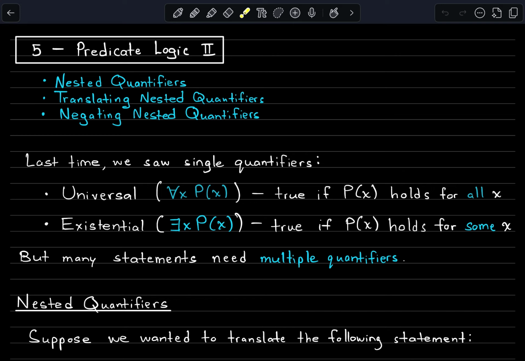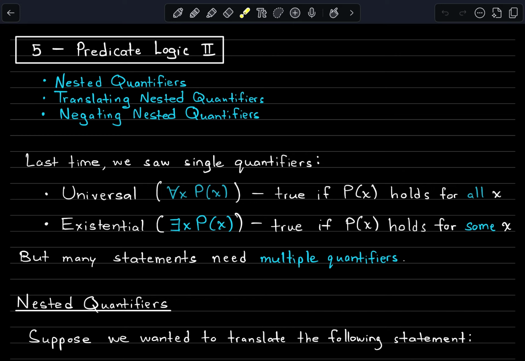of nested quantifiers. Alright, to start off, last time we saw singular quantifiers. So we saw the universal quantifier, which was written with this upside down A, and we saw the existential quantifier, which is written with that backwards E. So the universal quantifier, we read that as for all x, p of x is true, or it's true if p of x holds for all x.